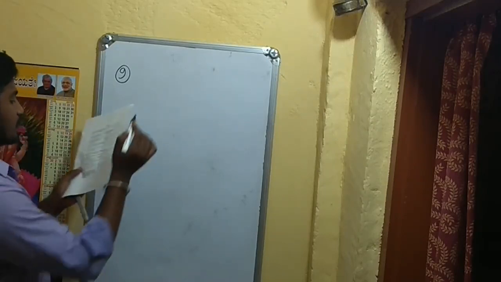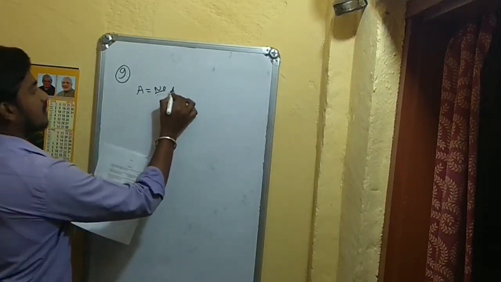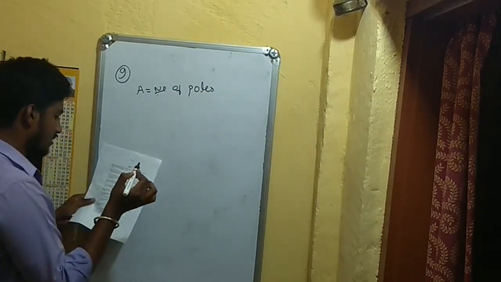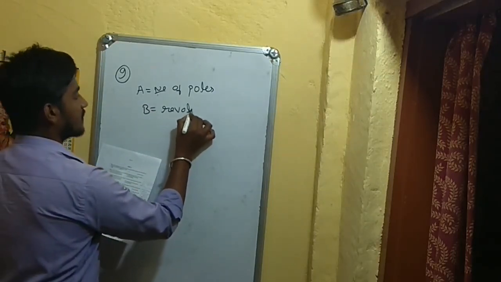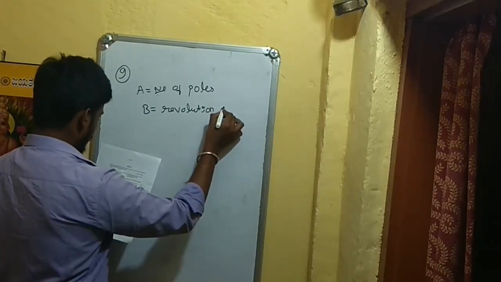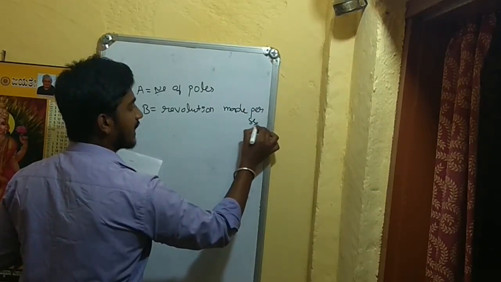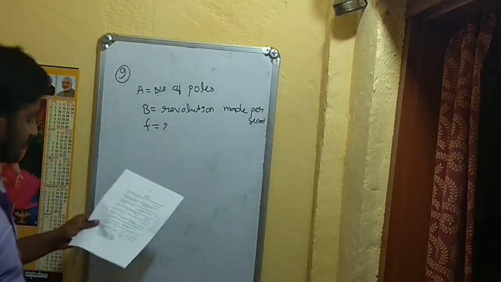If A is equal to the number of poles, and B is equal to the revolutions made per second, you have to find out the frequency.